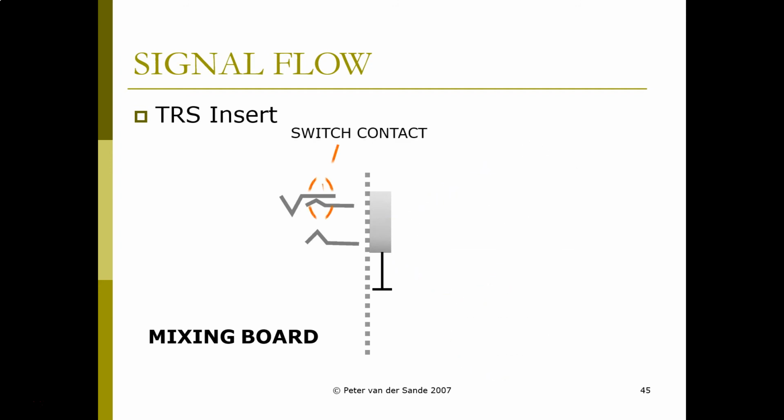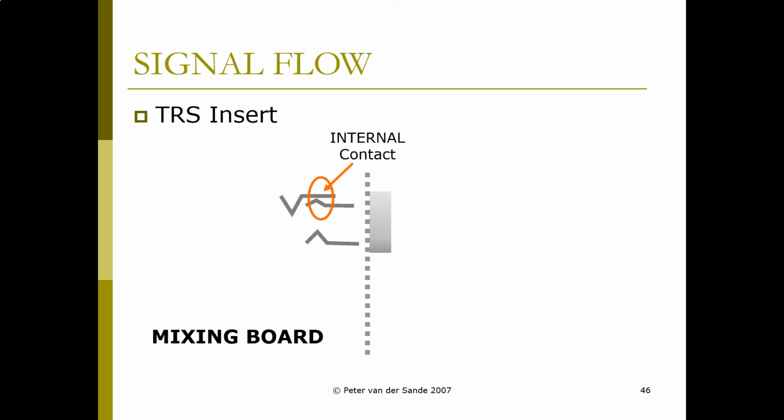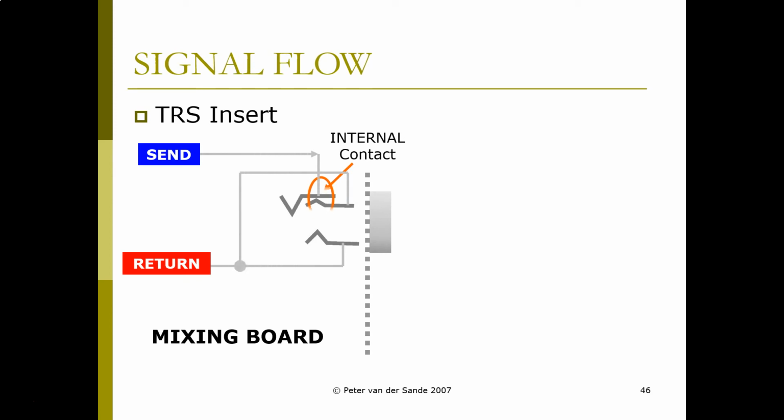There is a switch contact on the tip that allows the tip to be connected to the center part of the switch, and that becomes our send and return for the circuit. So with nothing plugged into the circuit, you can see that the signal starts at the send, goes through the tip, returns through the switch back to the return side of our mixer circuit.